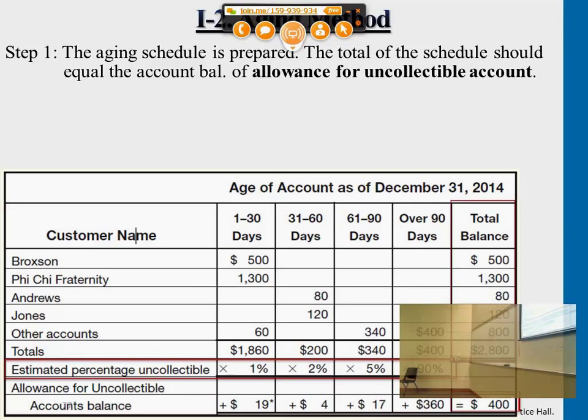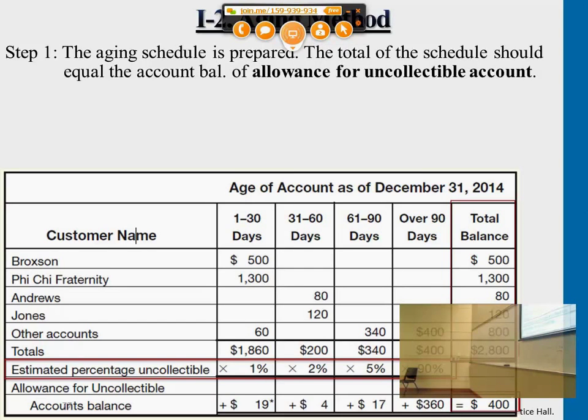So the 1 month old accounts receivable altogether is worth $18,060 for multiple accounts that you just dealt with in this month. The total uncollectible we assume is $19. The 2 months old accounts receivable, we assign 2% and assume that there's only $4 that we will not be collecting.